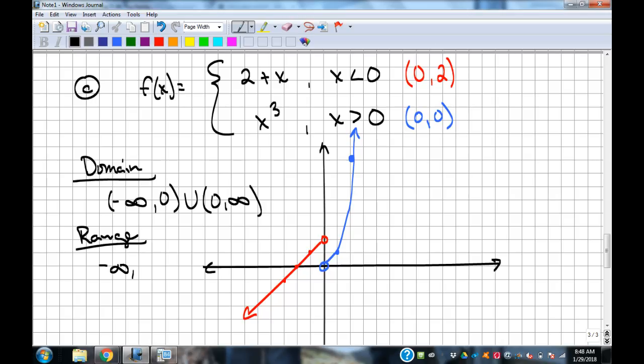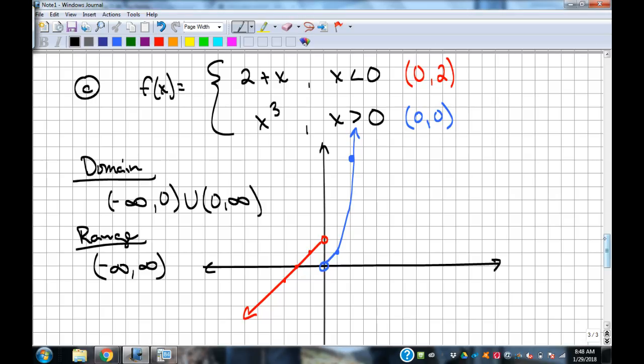Are there any y values left out? No. Well, the y value of 0, it's taken care of by the red one. The blue one has a hole there, but the red one had a y value there, so it is used by one of the pieces. So this one would be negative infinity to positive infinity. So you've got to kind of look at it and say, okay, does anybody else use the y value that's left out of this one? If they do, then it's taken care of and it's not skipped.